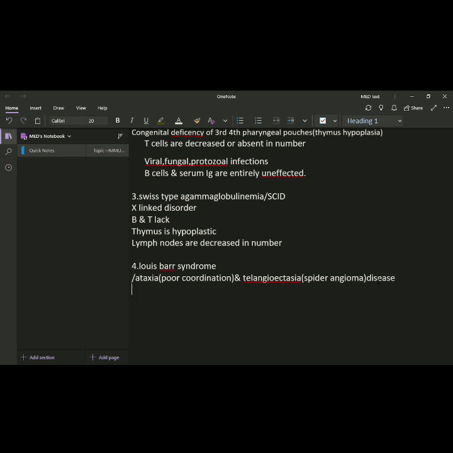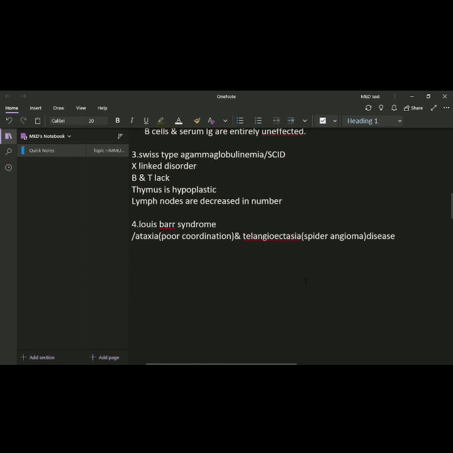Alright. These are the findings of this type of syndrome. Louis-Bar syndrome is accompanied by decrease of T lymphocytes and immunoglobulins: immunoglobulin A, immunoglobulin G, immunoglobulin M. All of these will be deficient in this type of syndrome.